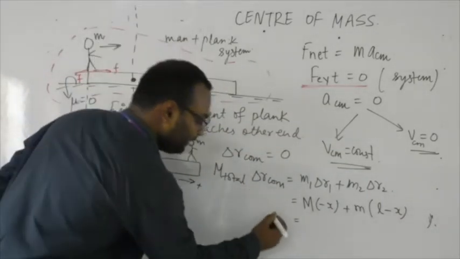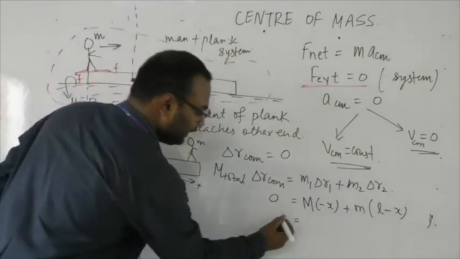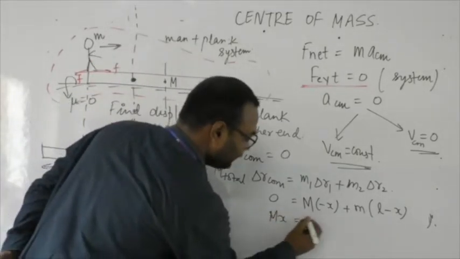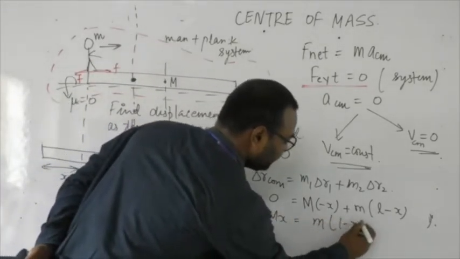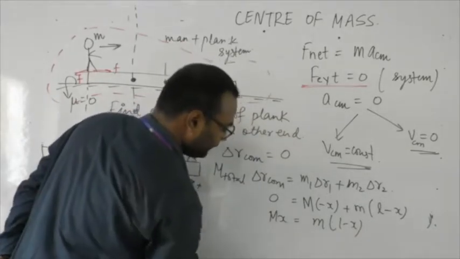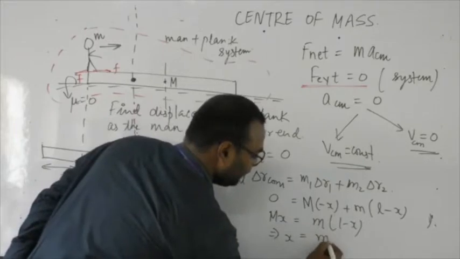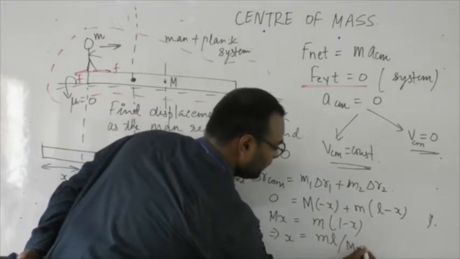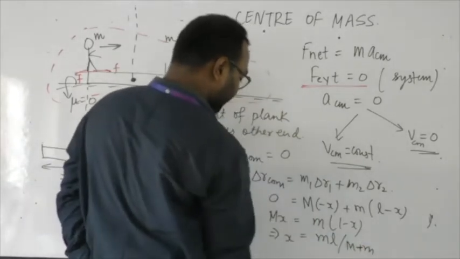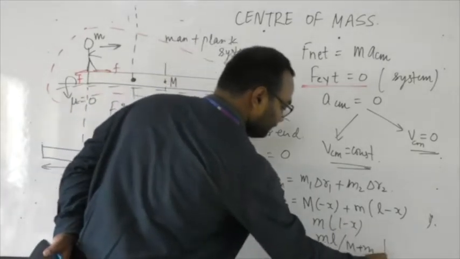Delta r cm is 0, so m into x equals m into L minus x. That means x will be m into L upon m plus m. That is the distance the plank goes backward.